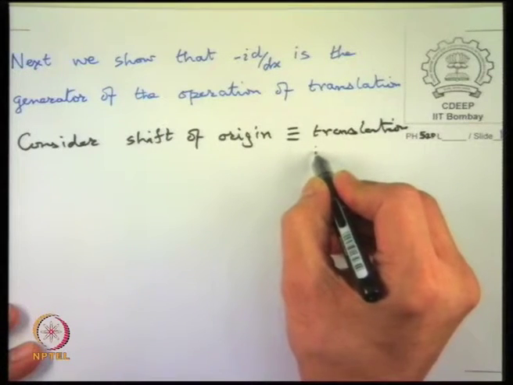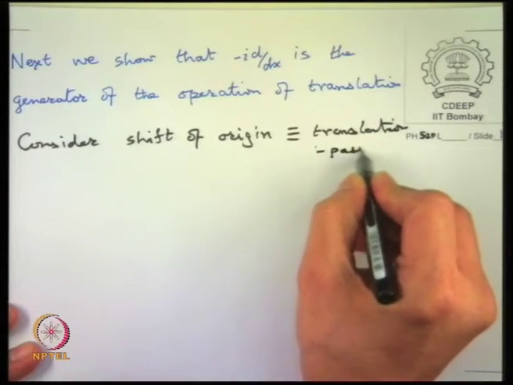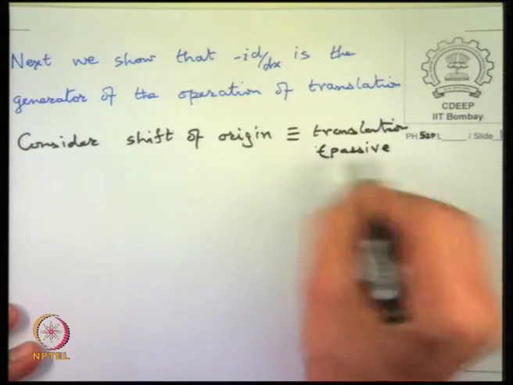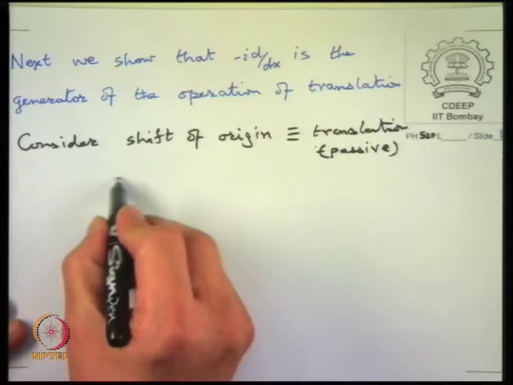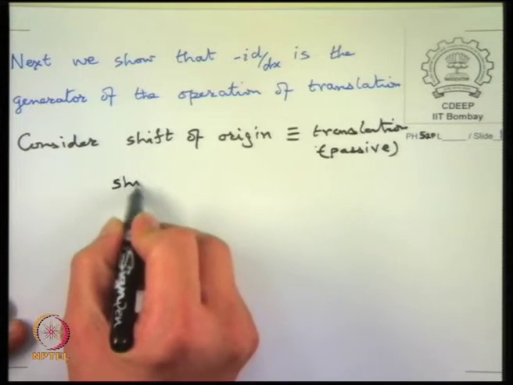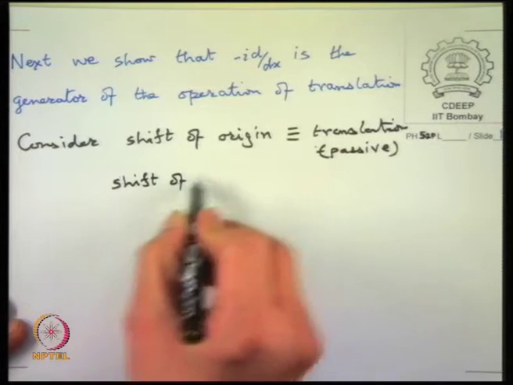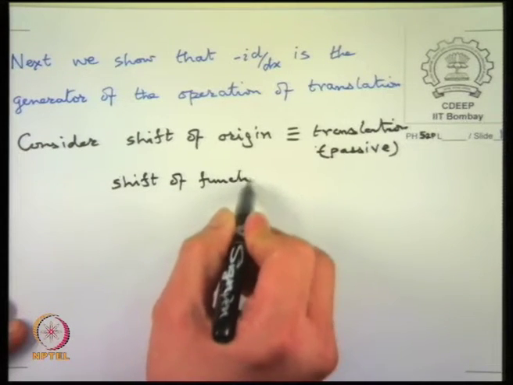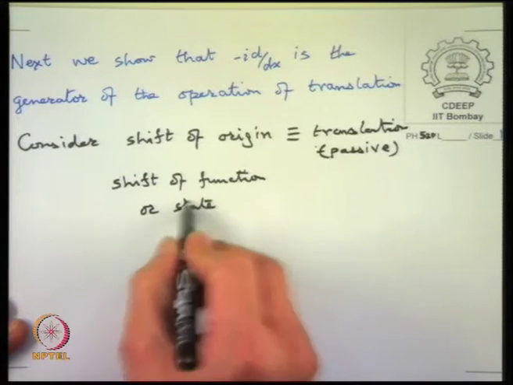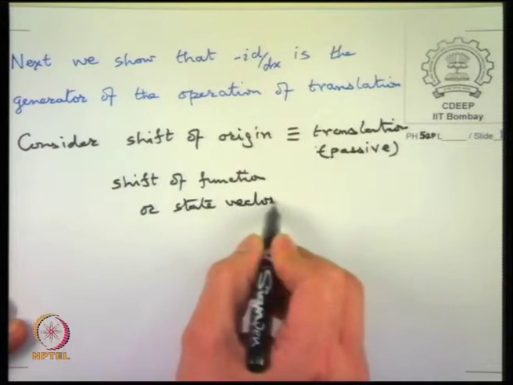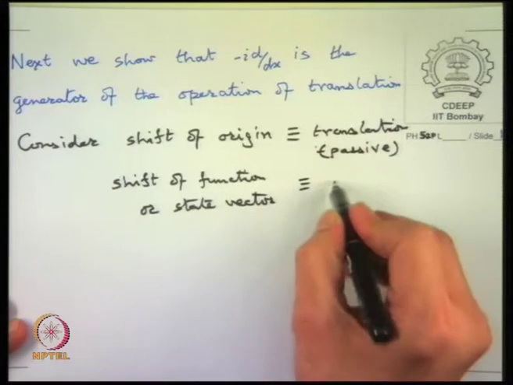So if you shift origin, this is translation but passive. And shift of the function or shift of the state, quantum mechanical state vector, is active translation.